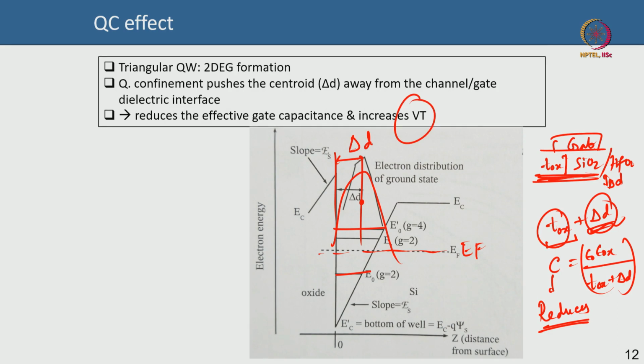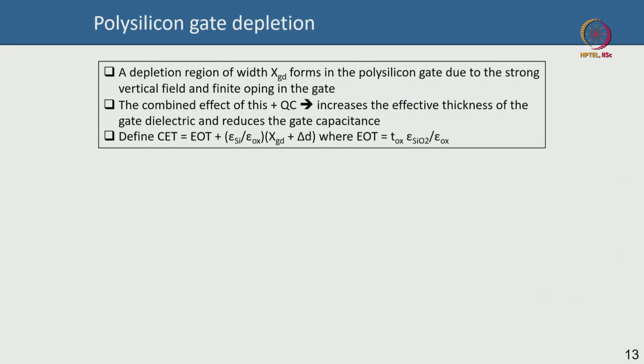Okay. So, keep this in mind please, because we'll come back to that in the next slide, I believe. Then there is something called polysilicon. Polysilicon is highly doped silicon, but it is not metal, which means there is a depletion width that forms inside the polysilicon gate, because in highly scaled devices the fields that you sustain are very high, the vertical field specifically.